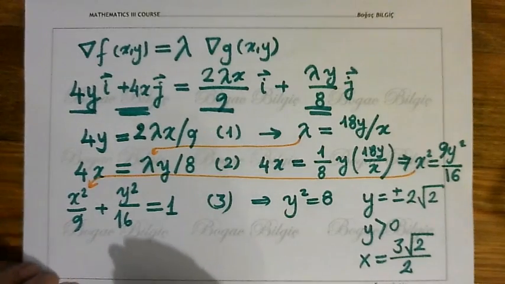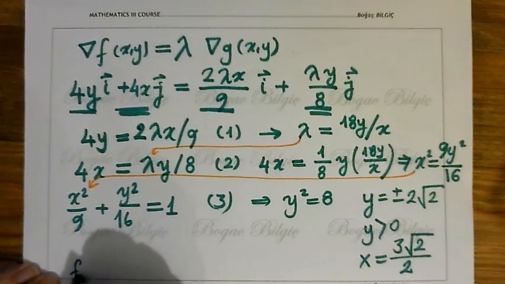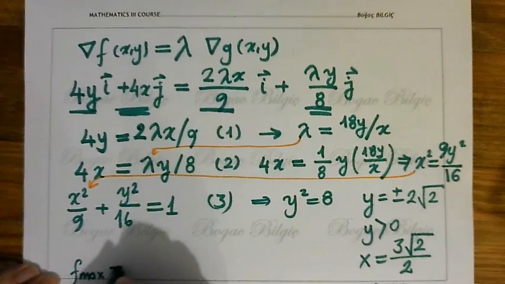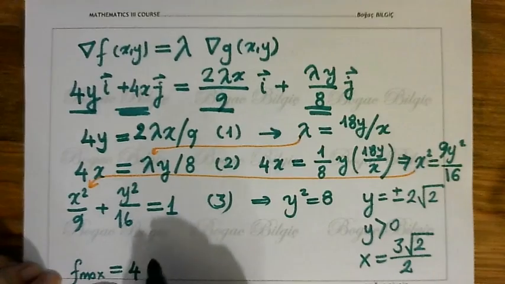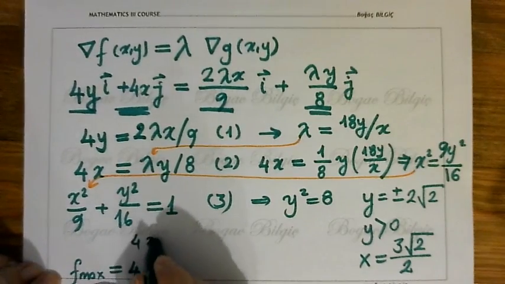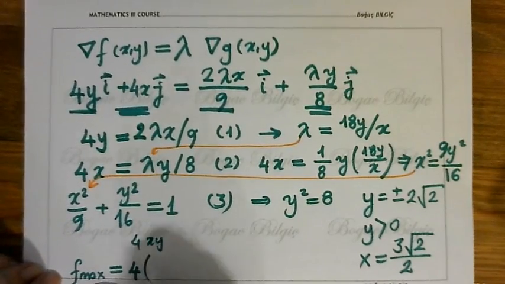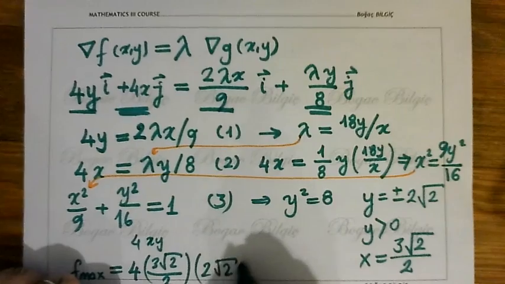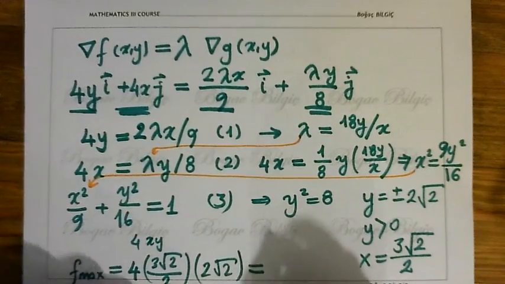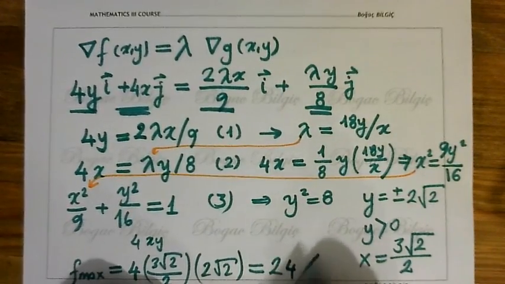So f max, the maximum value of the f function, is 4xy. So 4 times 3 root 2 divided by 2 times 2 root 2 is equal to 24.